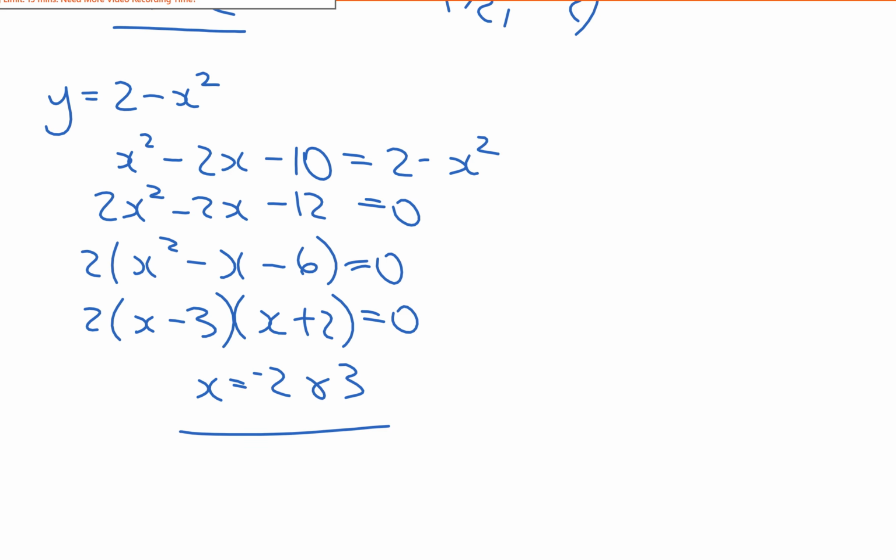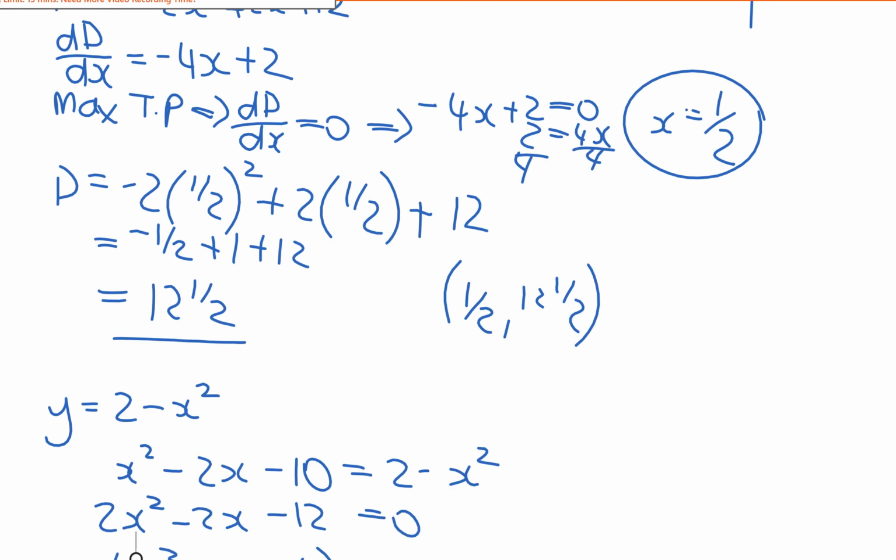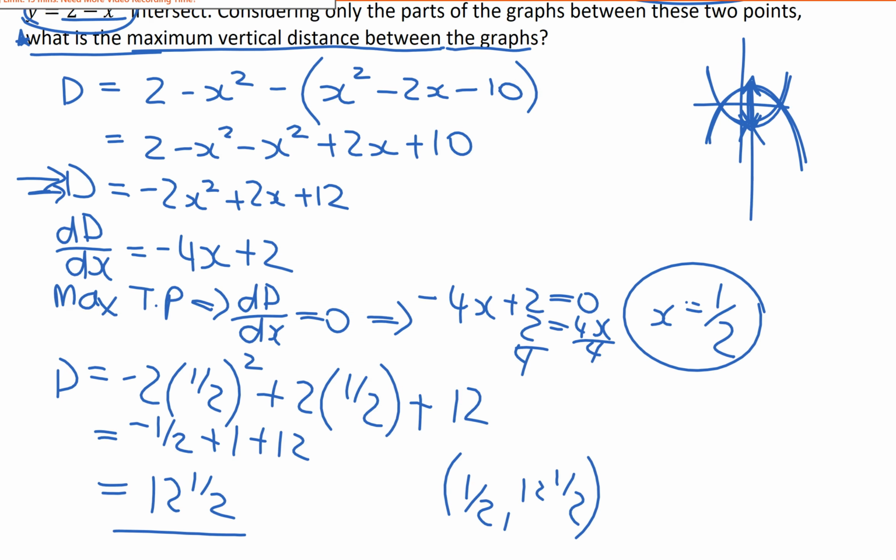So that's where those 2 graphs will intersect. In other words, looking back up at our graph, that one there is negative 2, that there is 3, and our maximum distance lies in between there, doesn't it? So we happy with that?